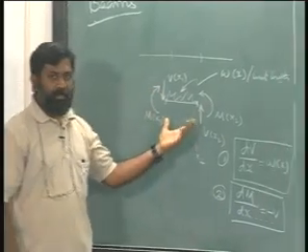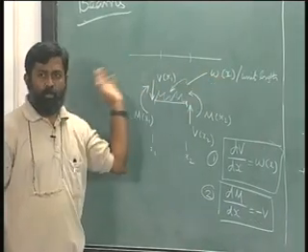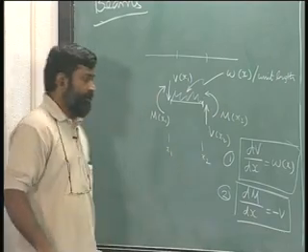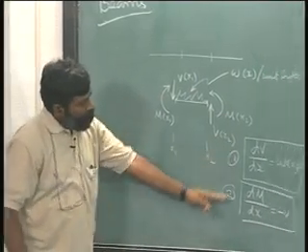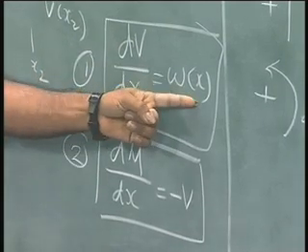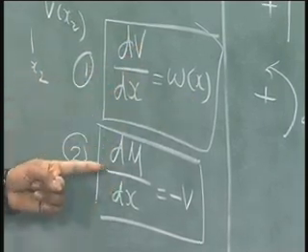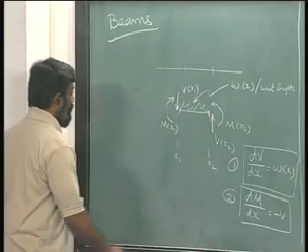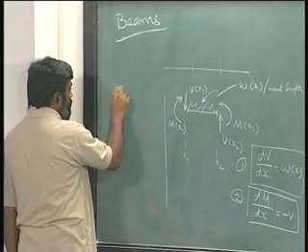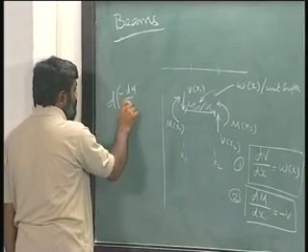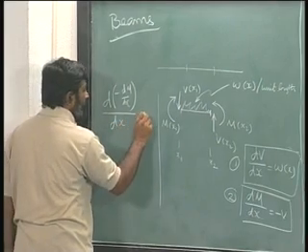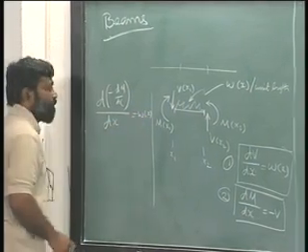Remember, in this particular case I do not have to bother about what support reactions and all those, that will come into play in an automatic sense. One more thing to note here is I have dV by dx is equal to w of x, but V is equal to minus dM by dx, and therefore I can now write d of minus dM by dx is equal to w of x, right.